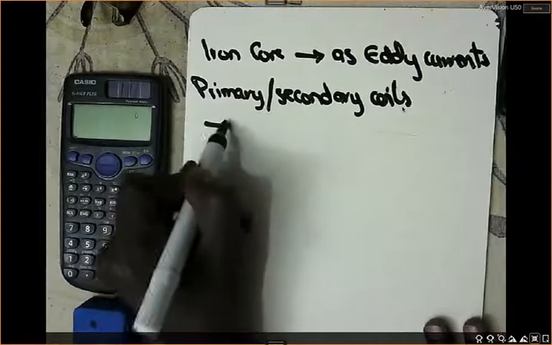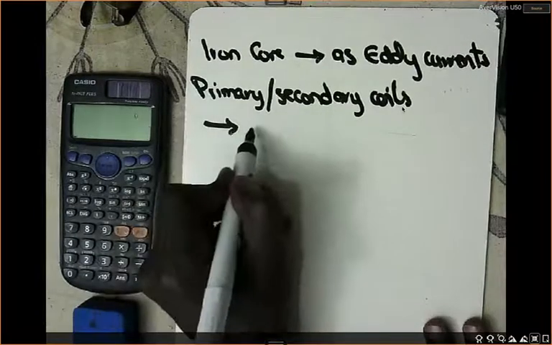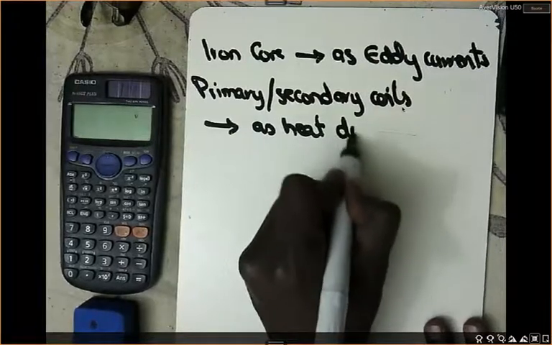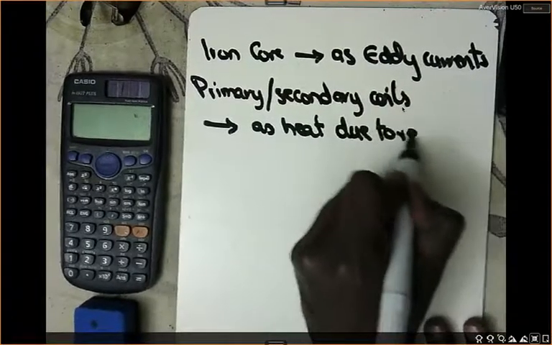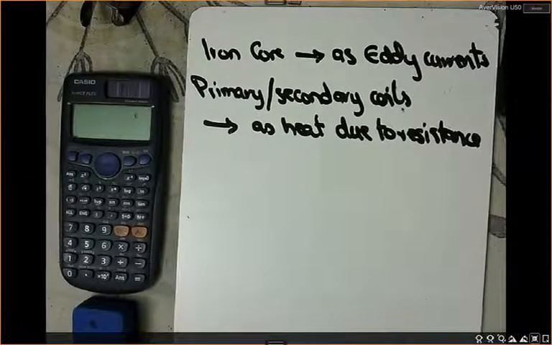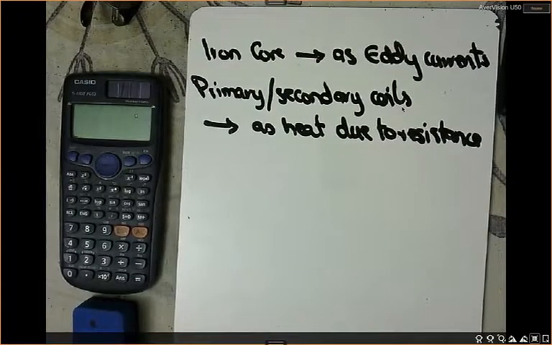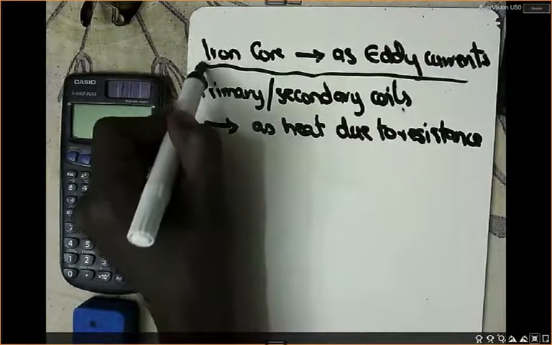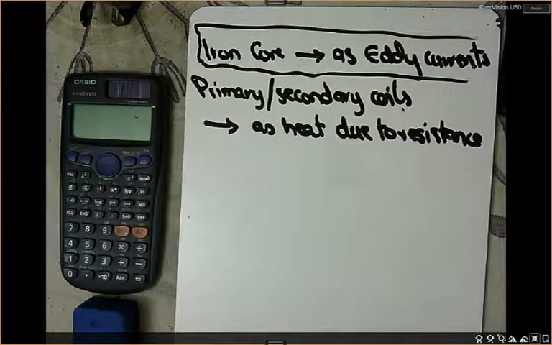How is it lost there? It's lost as heat due to resistance. All of these are correct answers, but most of the energy is lost in the iron core due to eddy currents.